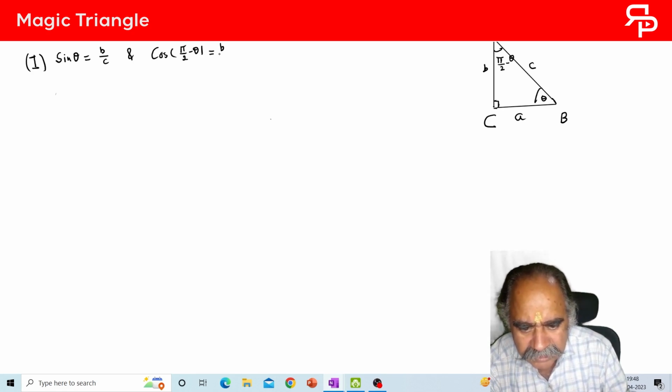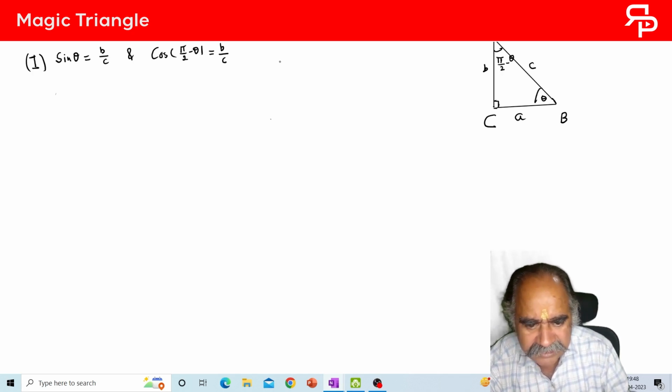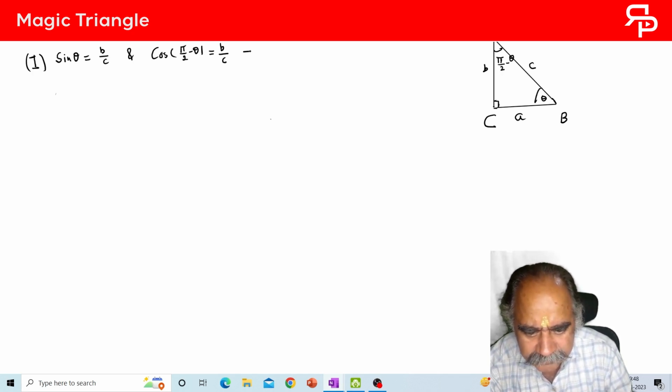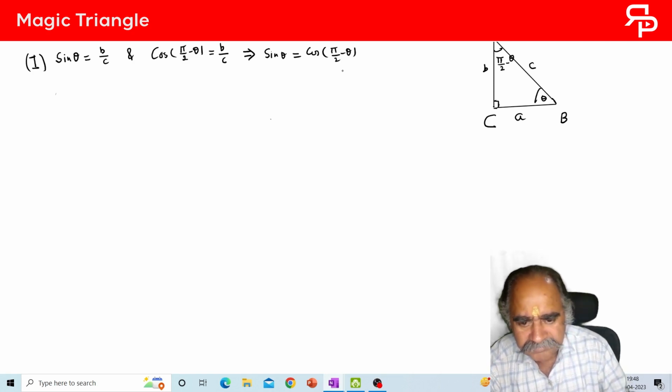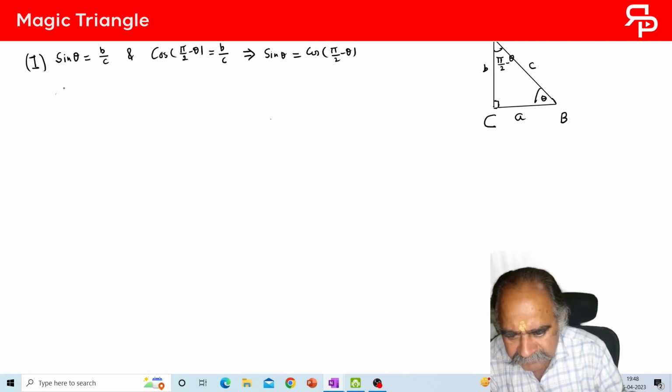Cos is adjacent side upon hypotenuse. So you are observing both are b by c. So this implies sine theta is cos of pi by 2 minus theta. This is the first formula in the first set.